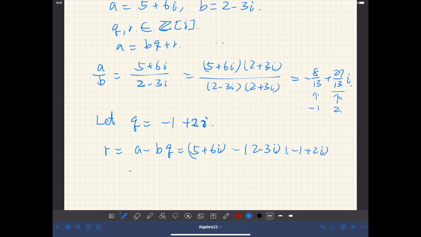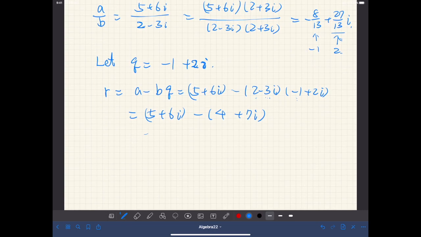If you calculate this, the real part is 5 minus 2 negative 2 positive 6, that is 4 and negative 3 negative 1, that's positive 3, and positive 4, so that will be 7i, and the result is 1 minus i.